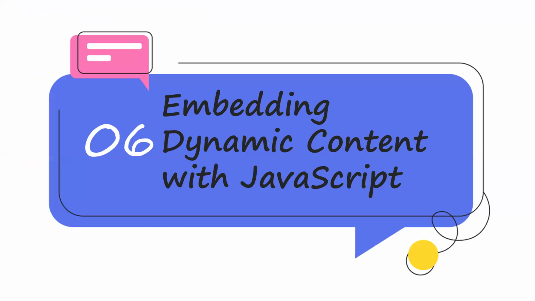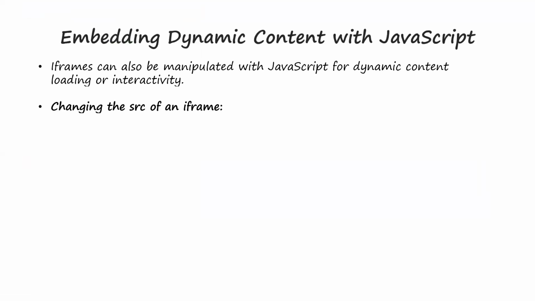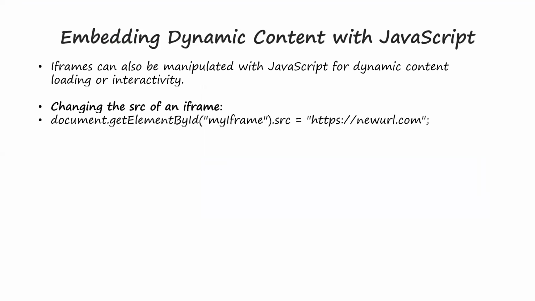You can also embed dynamic content with JavaScript. At this point, if you don't understand this code, don't bother. But if you have taken DOM manipulation with JavaScript, you're going to understand what this is. We are saying document.getElementById.